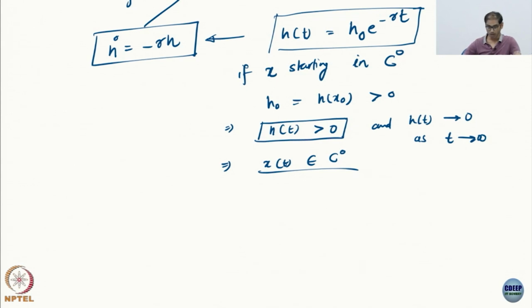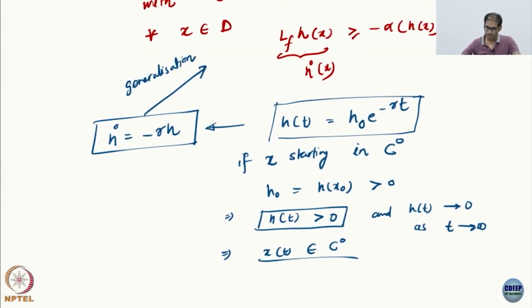But it has a nicer structure. There is no reciprocal happening here. There it was h dot is gamma over h. Here it's gamma times h. So also nice.